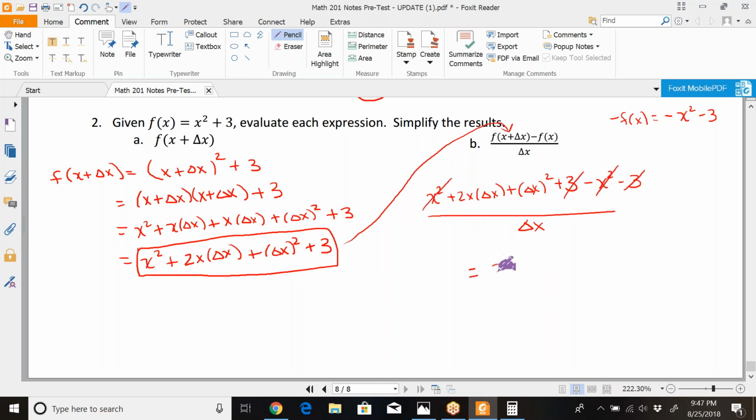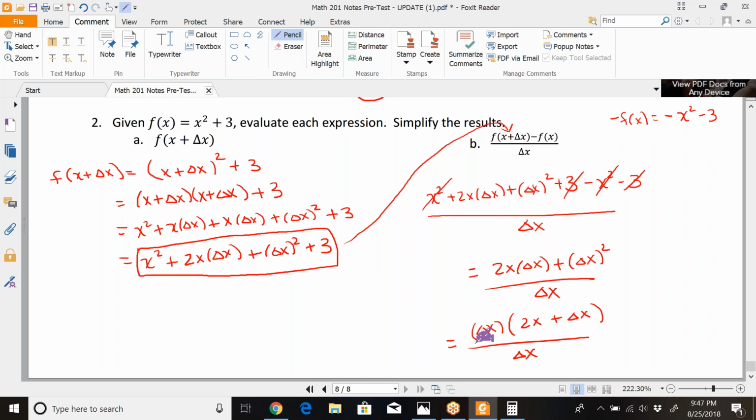And we have left 2x delta x plus delta x squared over delta x. If you pull a delta x out of the top, that leaves you with 2x plus a delta x. And the one you pulled out to the front can be canceled with the one on the bottom. So that just leaves me with 2x plus delta x.